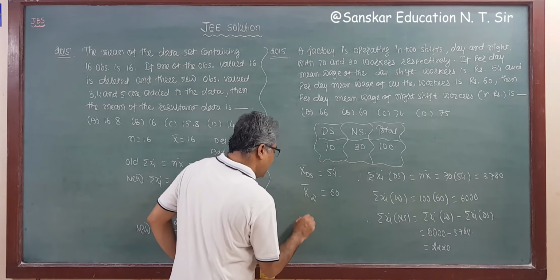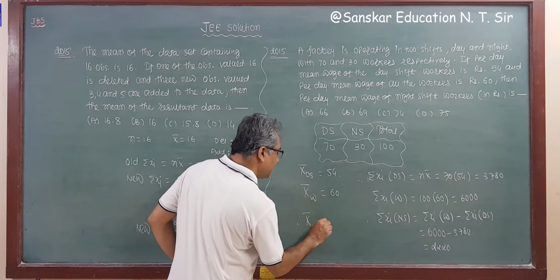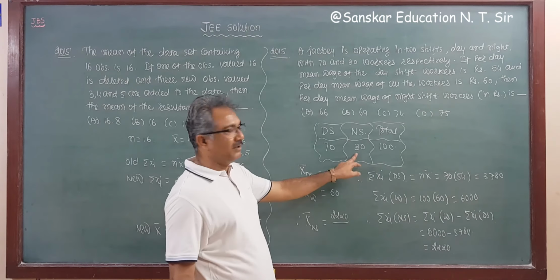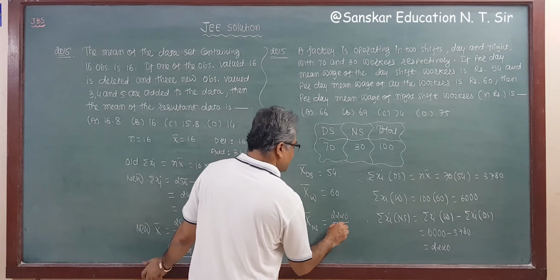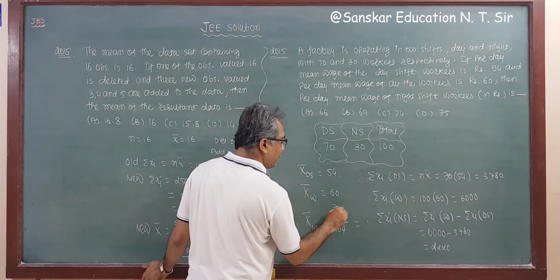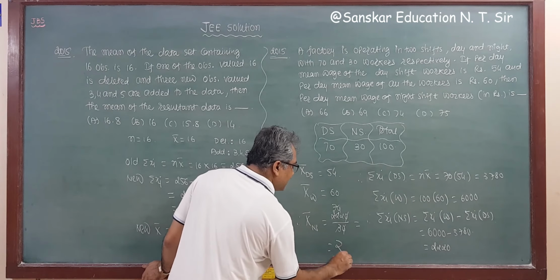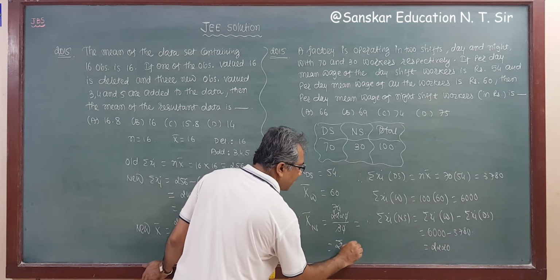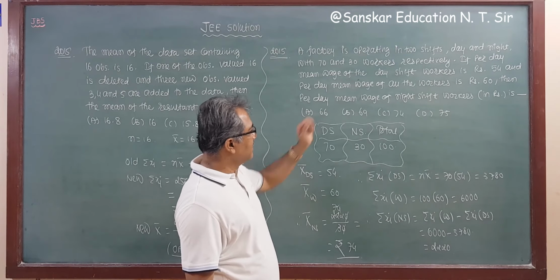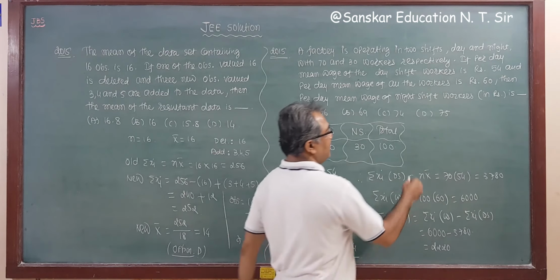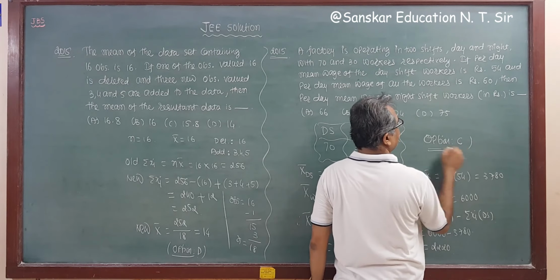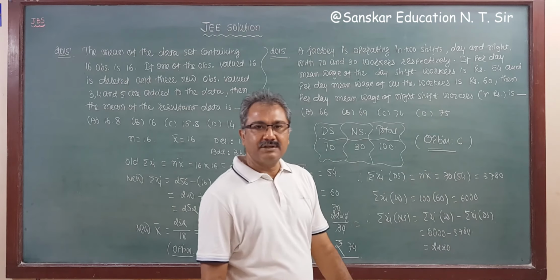So therefore x bar for night shift is equal to 2220 divided by number of workers, 30. So this is cut. And this is 74, that is rupees 74 is the daily wage of a night shift worker. That is, your option C is the correct answer. So option C is your correct answer. Right? Got it?